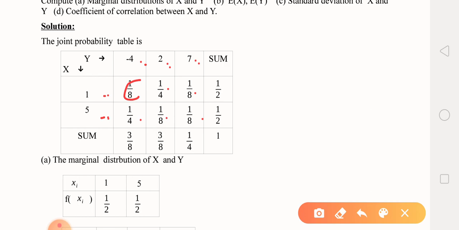If you sum that, you will get expectation of xy. So you have to choose each possible combination of x and y along with their probability.